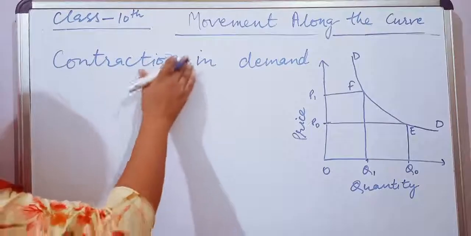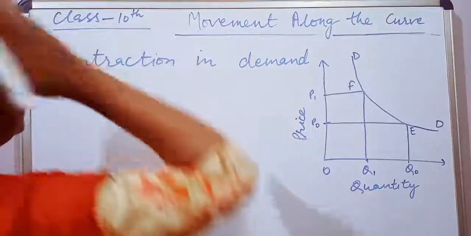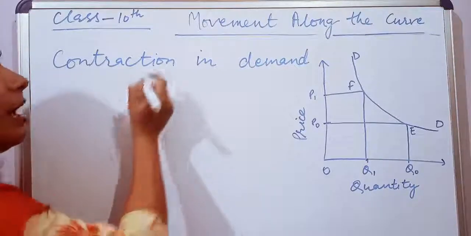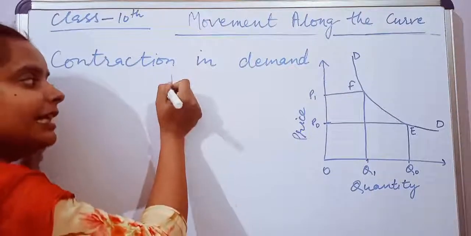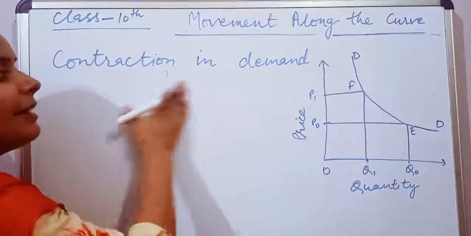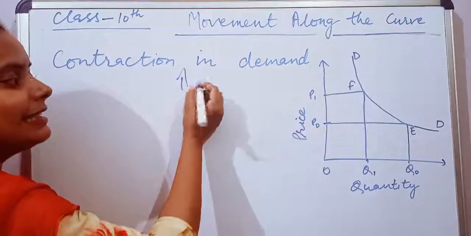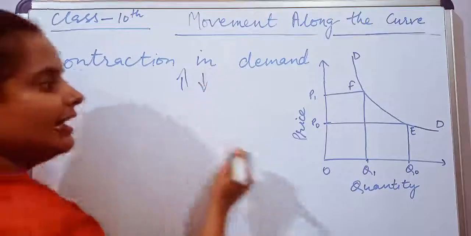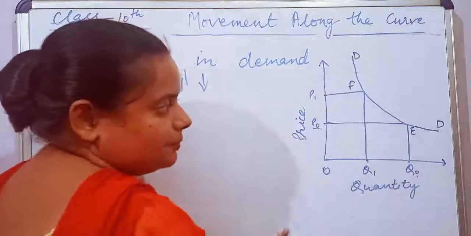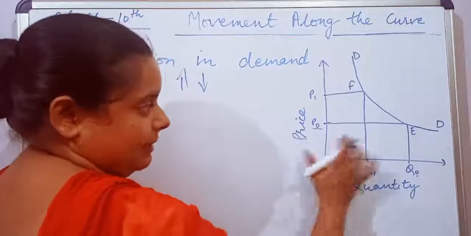Next is contraction in demand. It is just the opposite of extension. When the price of a commodity increases, the demand decreases. Like see, when the price of a commodity is P0, demand is Q0. Demand is more.